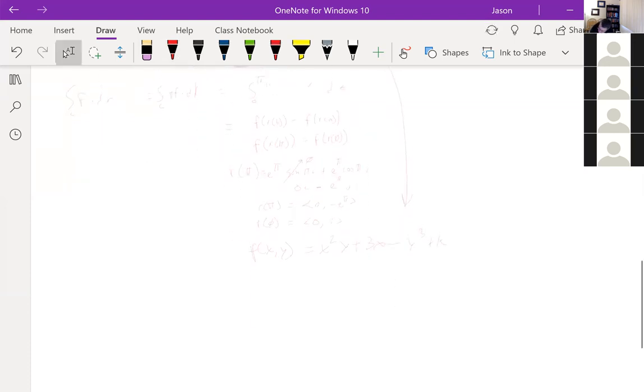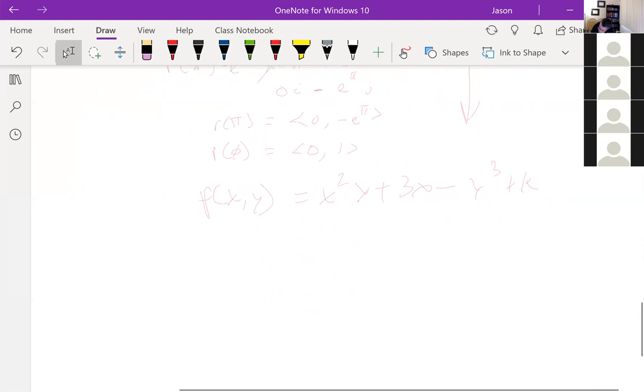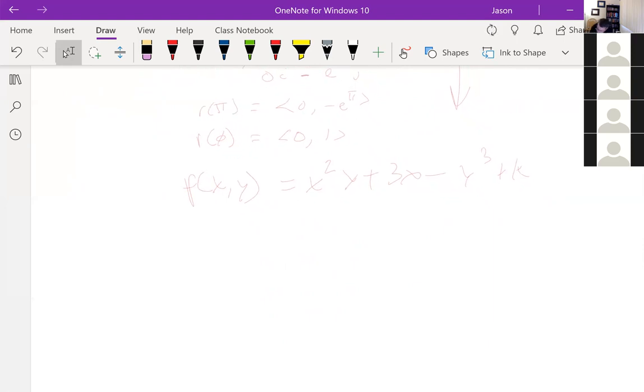Okay, so let me expand this. And so the idea here is that we have f of r of pi, right, minus f of r of 0, okay?